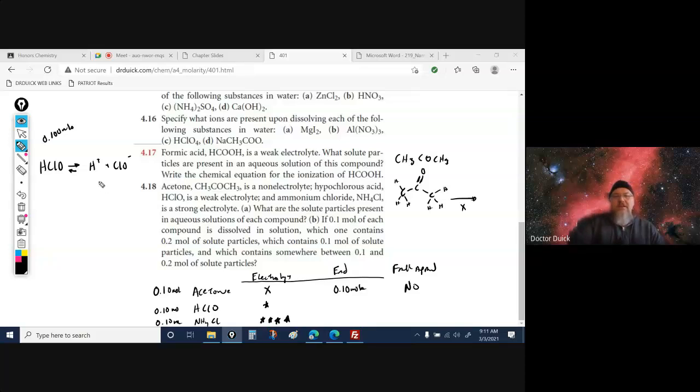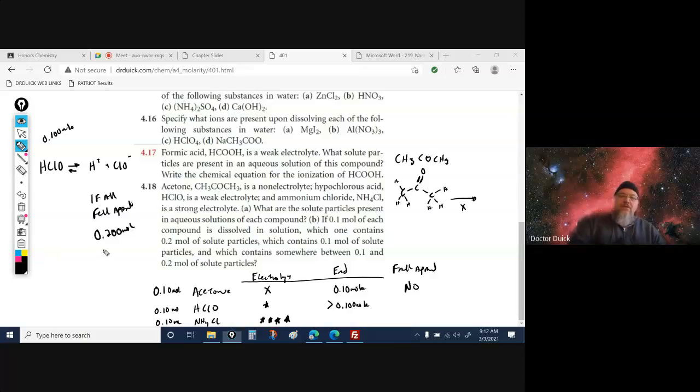So we've got to think about it. You will end up with more than this. So I'm going to say it's going to be, how would you say, greater than 0.100 moles. But it doesn't all fall apart. Because if it all fell apart, it would be 0.200 moles.